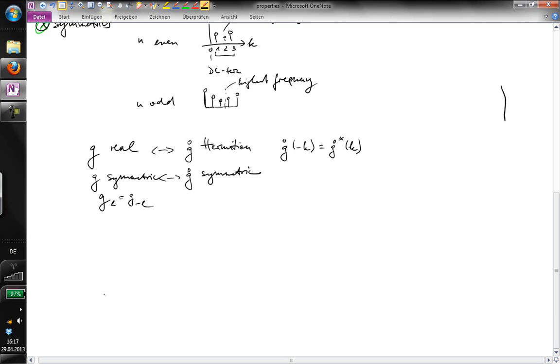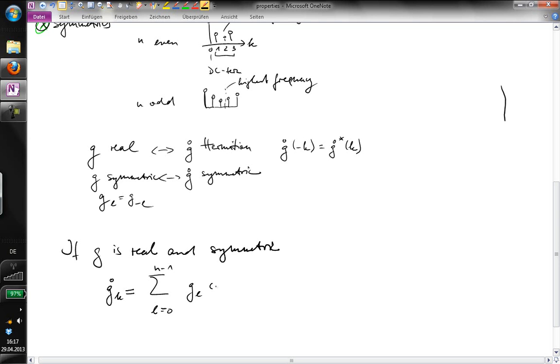I want to show one particular example. If g is real and symmetric, we have the following. I'm writing the Fourier transform, but decomposing it now into its real and imaginary part.